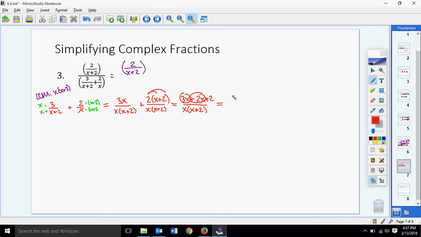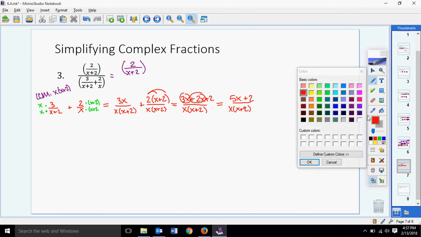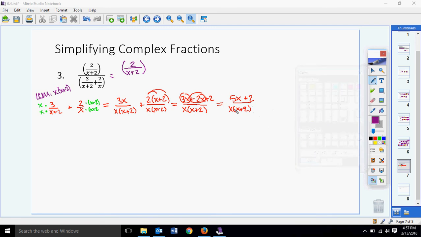So the 3x and the 2x would make it 5x plus 2 over x times x plus 2. Remember this, what I just did was adding my denominators. Okay, so I haven't done keep change flip yet. I just simplified my denominator by adding the two fractions. So I have 5x plus 2 over x times x plus 2.